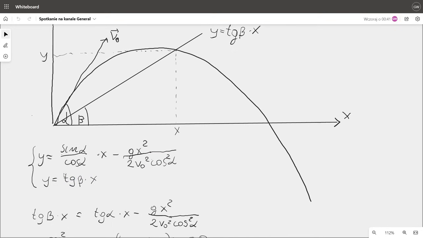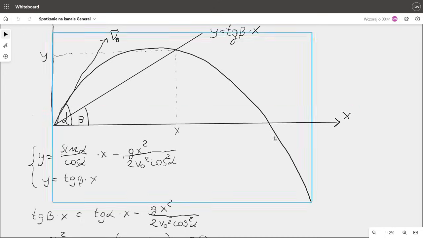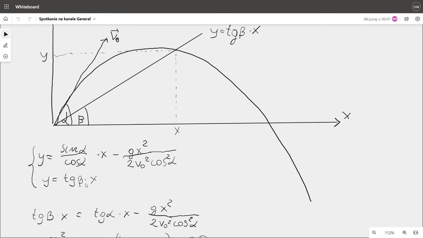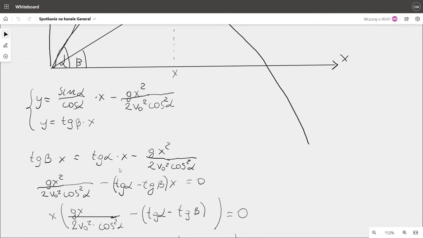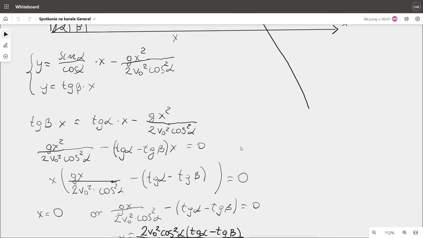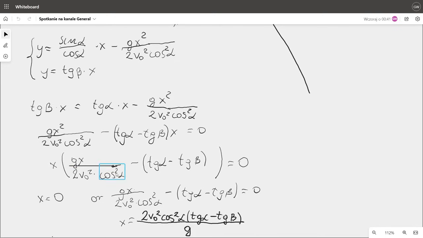So, we have equation of the path of the thrown object here, and equation of the obstacle of this hill. It's here, and we put right side of the second equation to the left side of the first equation. It's done here. Next, we take all these expressions to left side and change form to this.